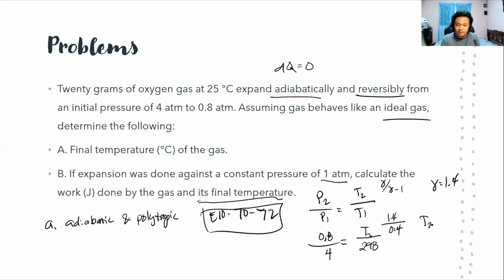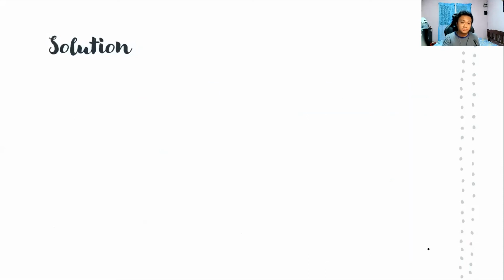Shift solve to find T2 equal to 188.15 Kelvin, or in degrees Celsius, negative 85 degrees Celsius. That's actually easy.